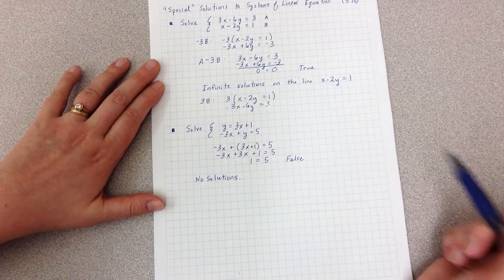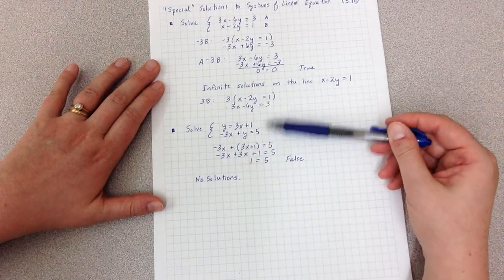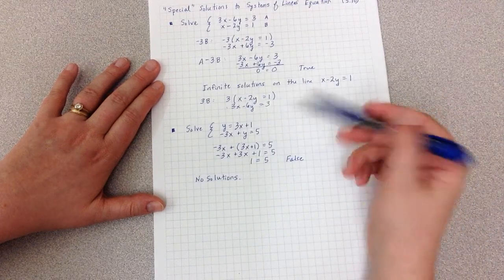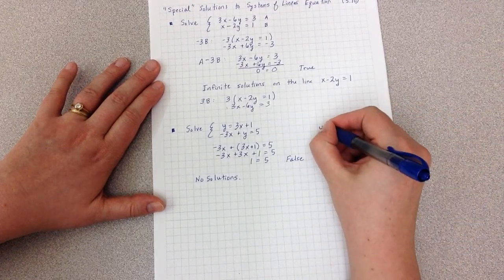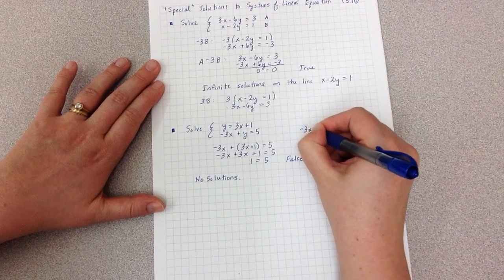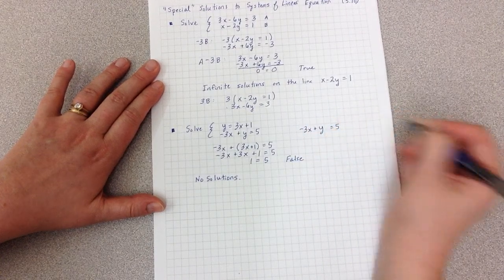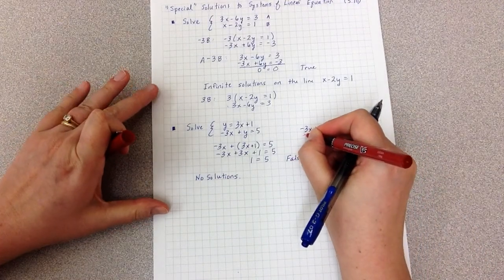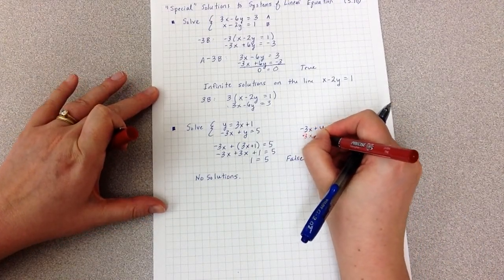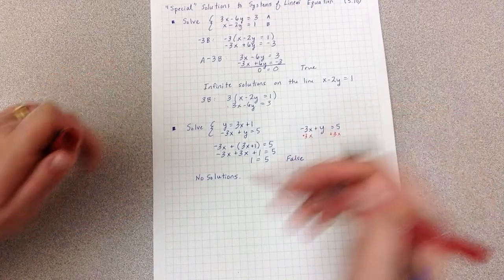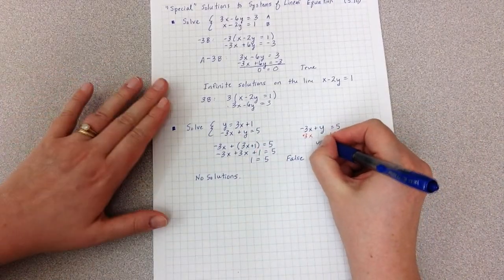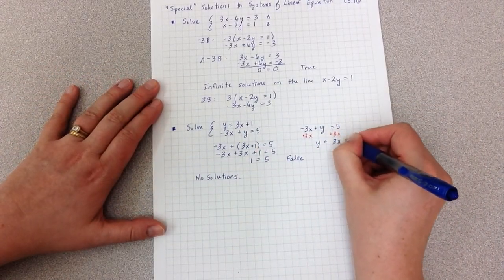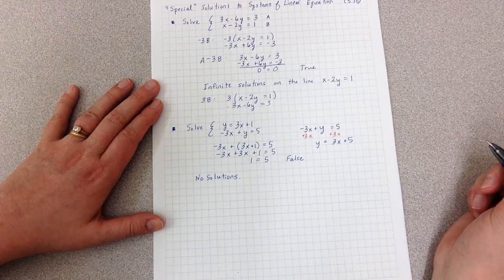Let's look a little bit at why that would be. I'm going to take the second equation, negative 3x plus y equals 5, and I'm going to solve for y. So I'm going to add 3x to both sides. When I do that, I get y equals 3x plus 5.